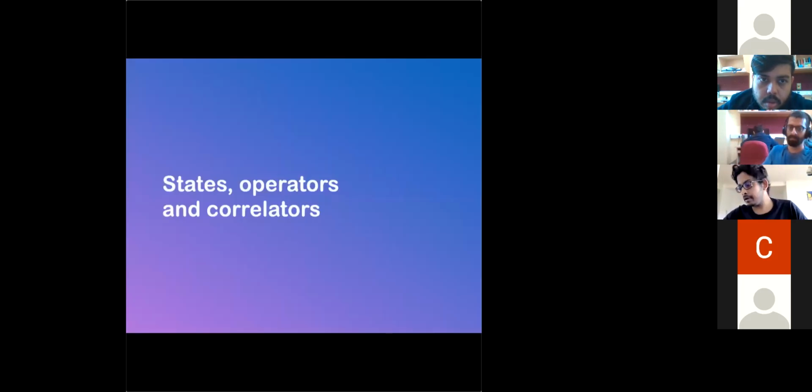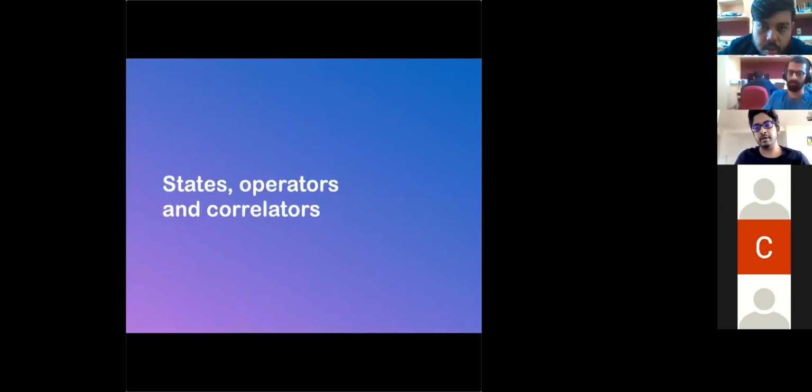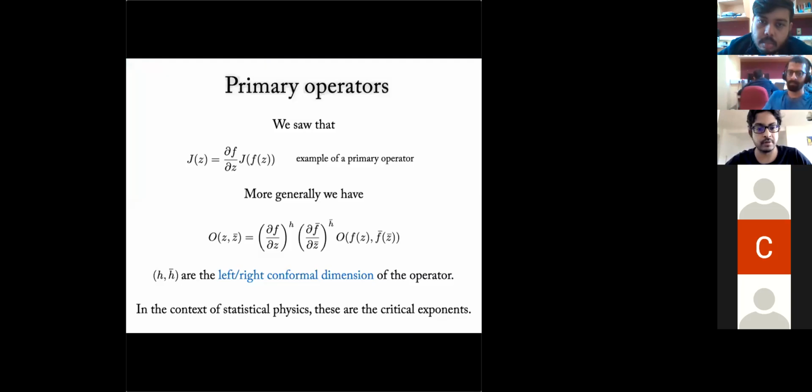Okay, so now let's discuss the Hilbert space of the CFT and operators and correlation functions of these operators. So we saw that for the free boson theory, it had a conserved current which transforms in this way under conformal transformations, and this is an example of a primary operator.